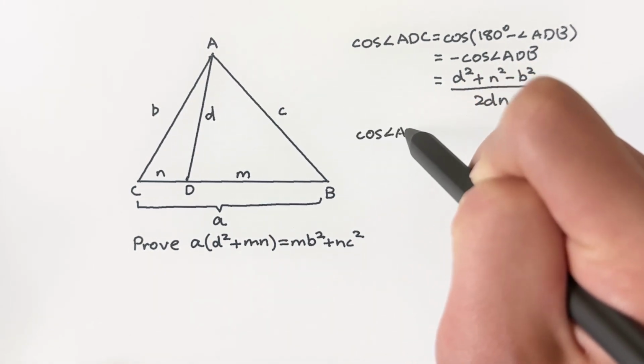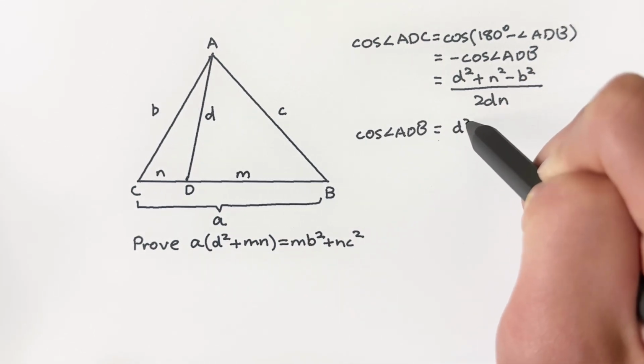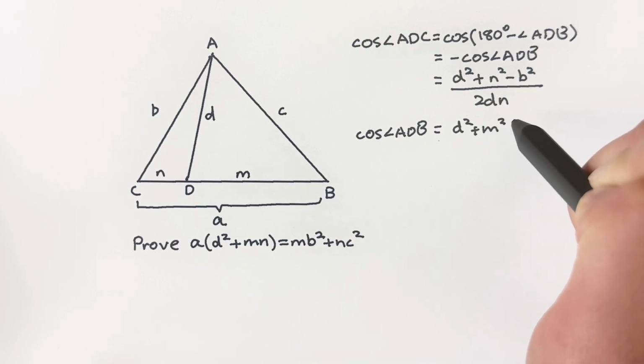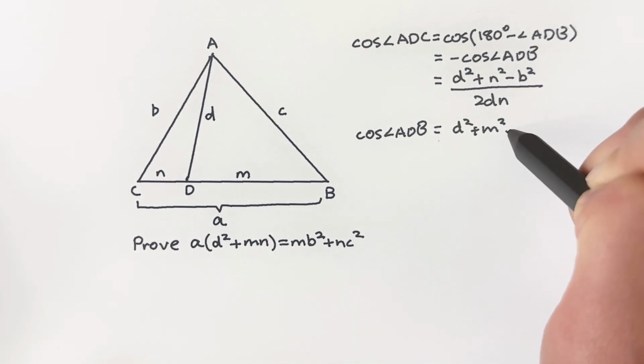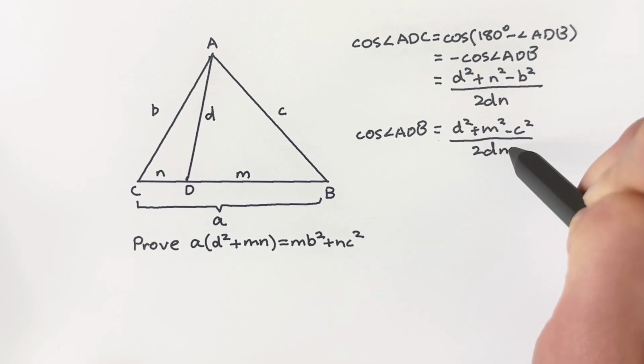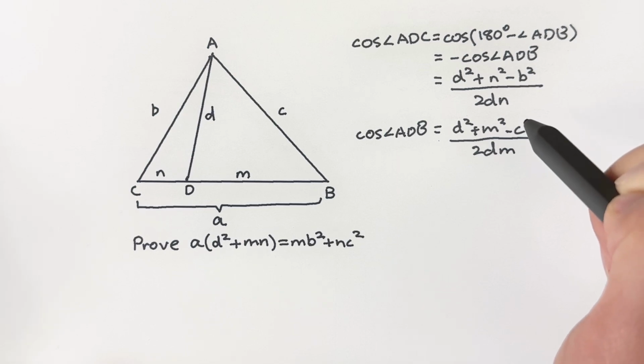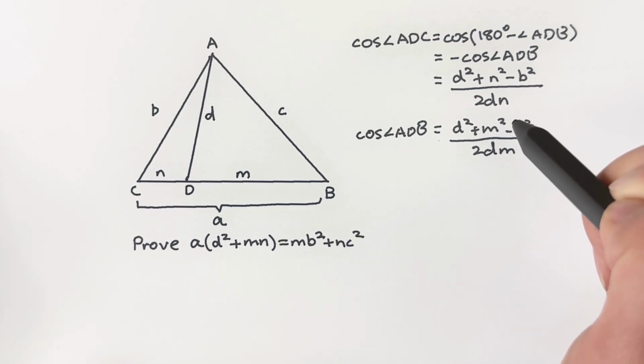Cosine of angle ADB equals d squared plus m squared minus c squared divided by 2dm. Therefore, cosine angle ADC equals negative cosine angle ADB.